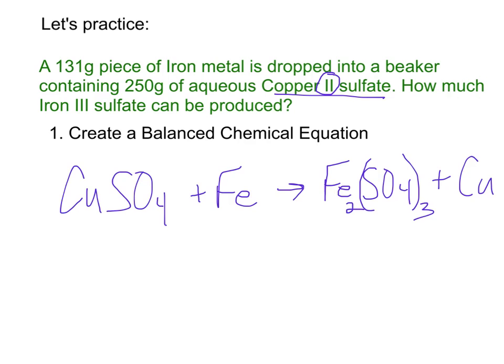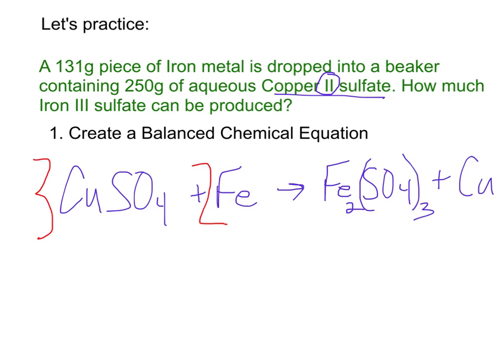We take a look and we start with our metals first. Both coppers are fine. Iron, which is a metal here, but I got 2 over here, so I got to put a 2 here. Now I've got all my metals done, so now I go to my non-metals. Here I have a sulfate, but over here I have 3 sulfates. I got to put a 3 over here to make 3 sulfates on my reactant side, and 3 sulfates on my product side.